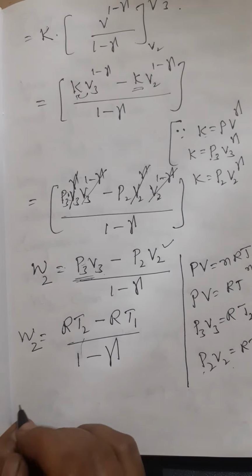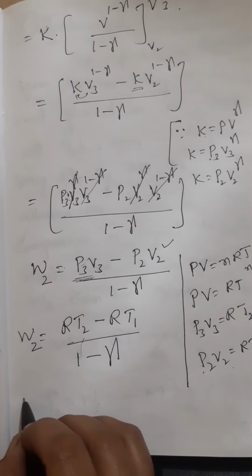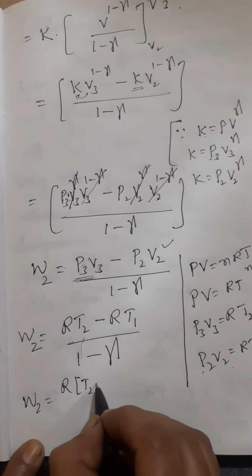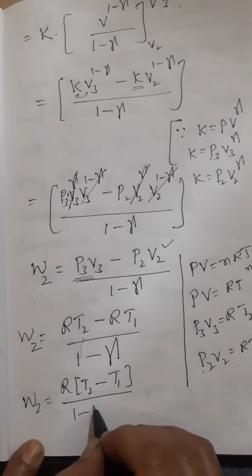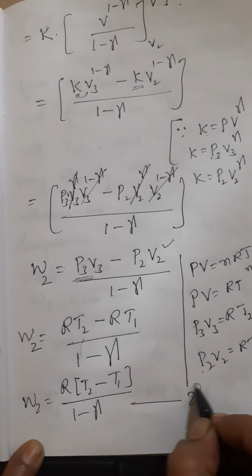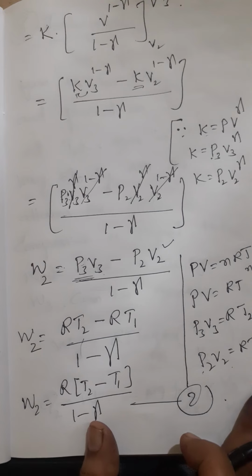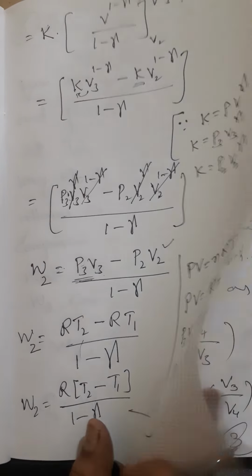Or we can take R out: R times T2 minus T1 divided by 1 minus gamma. Let us take this as equation number 2. So this is the work done by the gas by utilizing its internal energy.